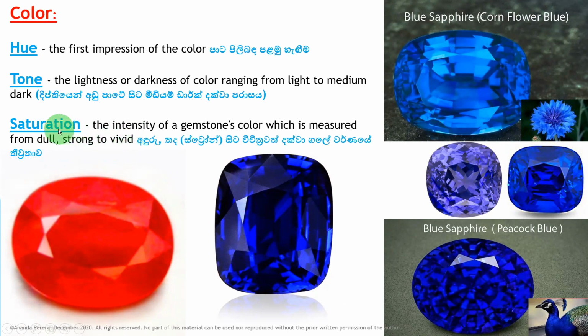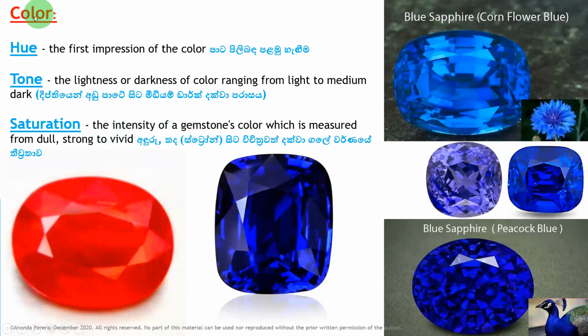Remember, when we are buying gemstones, the color saturation should be strong to vivid only. Don't buy dull saturation gemstones. We can't sell them. No value there. Very, very low value in dull saturation. So you have to choose vivid or strong only.